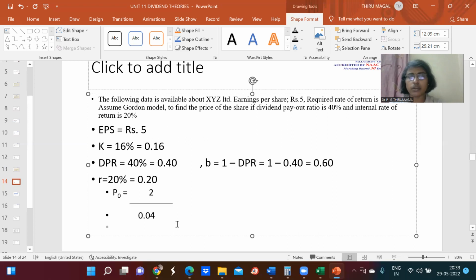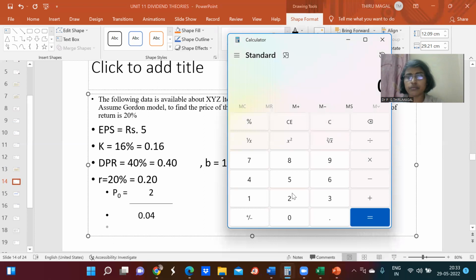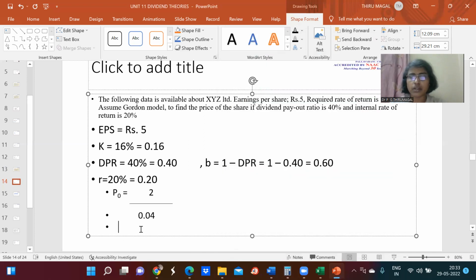Once you divide, you will get 2 divided by 0.04, which means 50 rupees. The share price is equal to rupees 50. As per this problem, the share price of the company is rupees 50. They are following a dividend payment of 40% and retention of 60%. So according to the Walter and Gordon rule, what type of company is this?